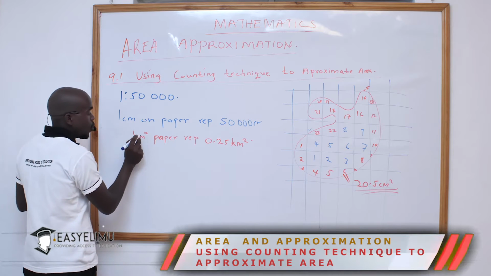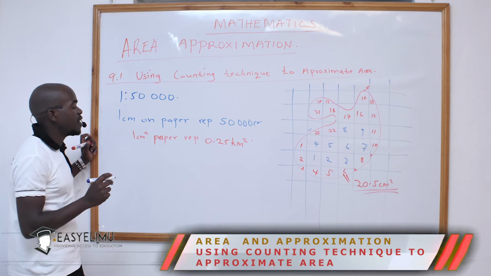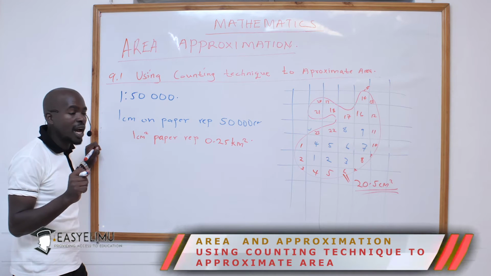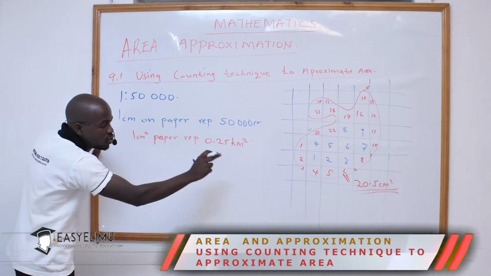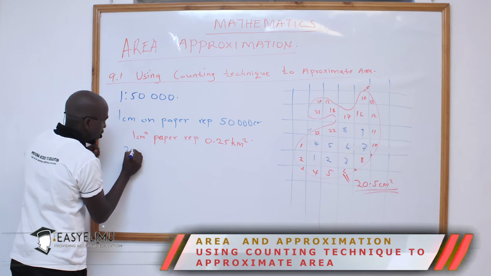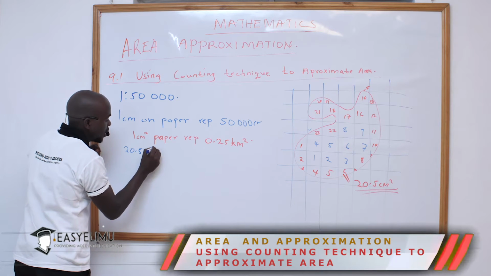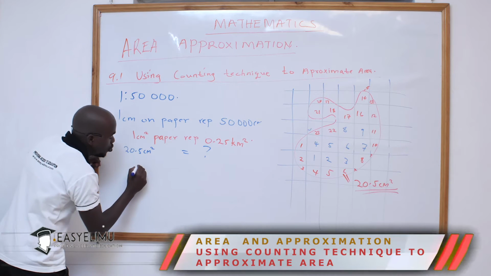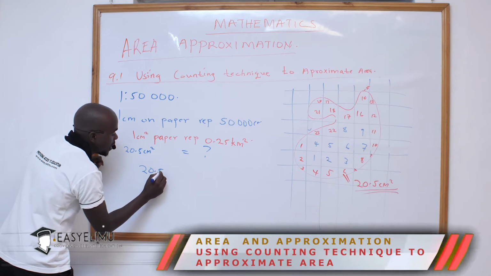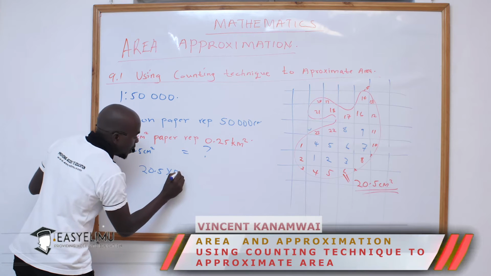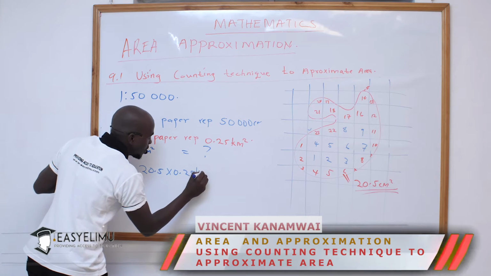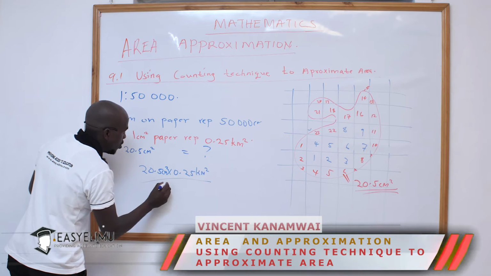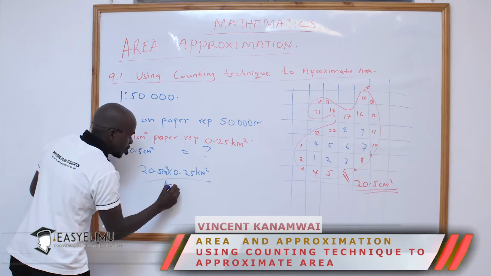If 1 square centimeter on the paper represents 0.25 square kilometers on the actual ground, then what about 20.5? So we shall take 20.5 square centimeters, and then we find its equivalent here. If we do so, we are going to get 20.5 multiplied by 0.25 square kilometers over 1 square centimeter.